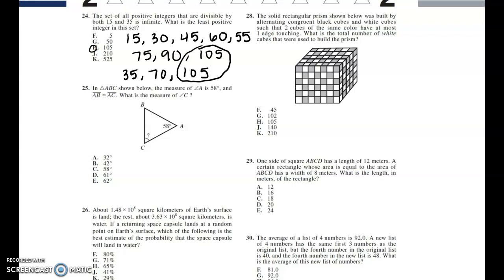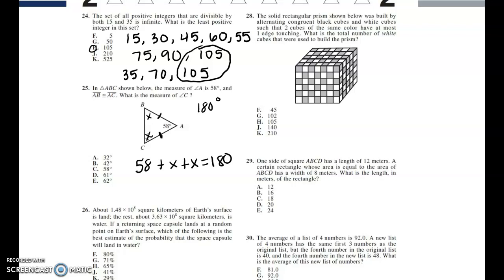Okay, so we have this triangle. First thing you want to know is there's always 180 degrees in a triangle. That's our total, right? And they tell you AB is congruent to AC. So that means we have an isosceles triangle. What that tells you is whatever this is, you can call it X. This is going to be X as well. So it's like saying 58 plus 2x equals 180.